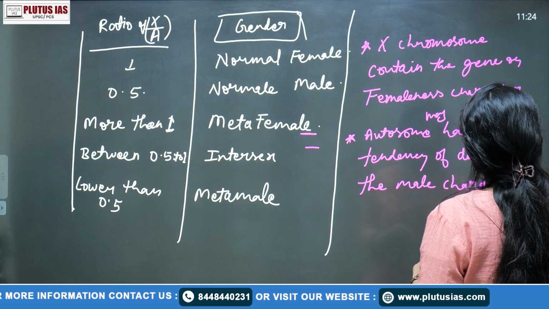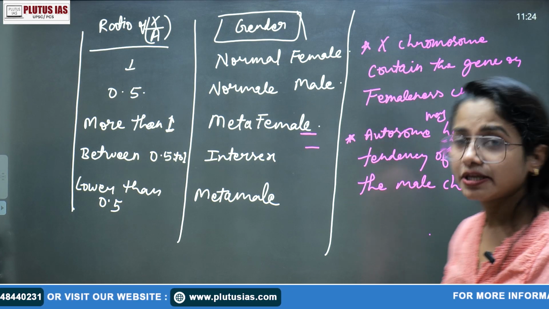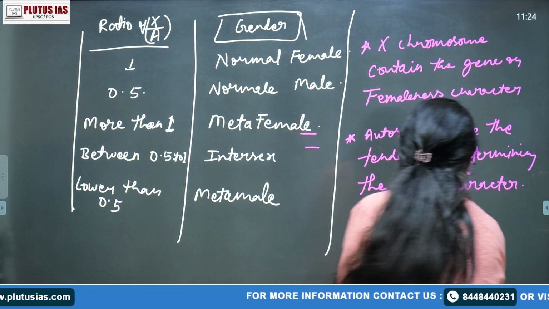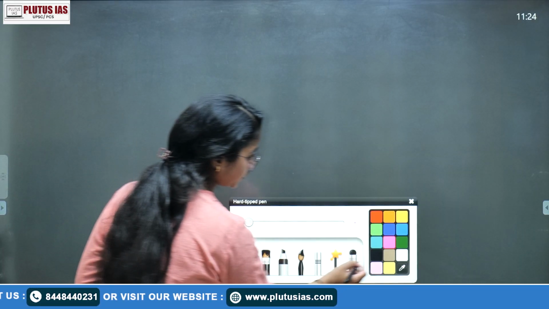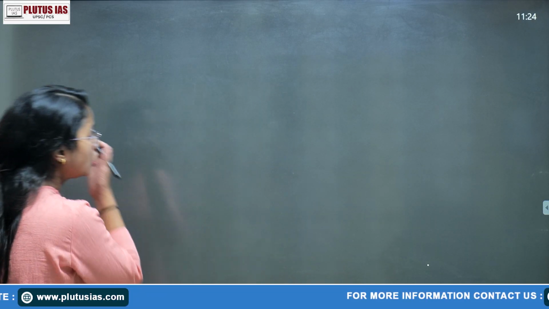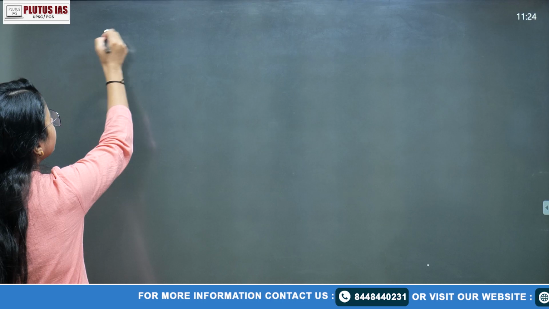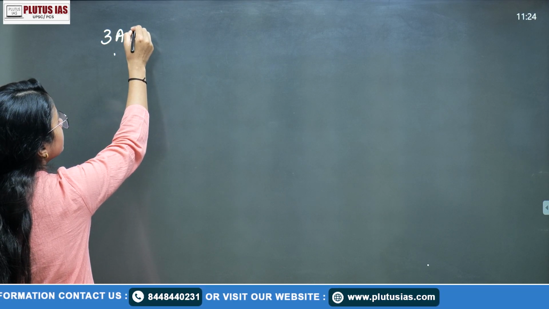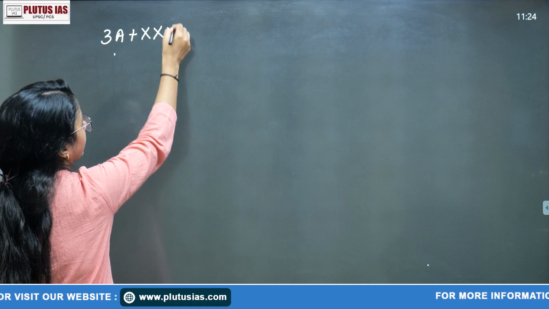To prove this theory, C.B. Bridges has taken an example of the triploid female: 3A plus XXX.